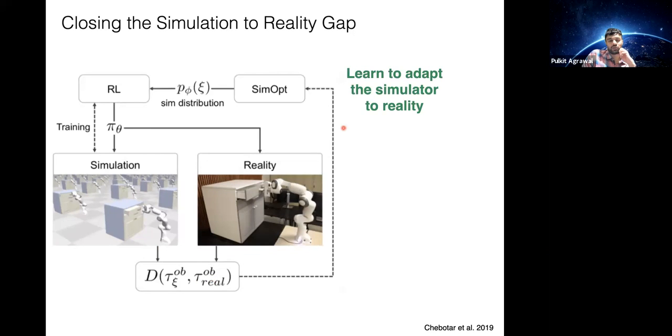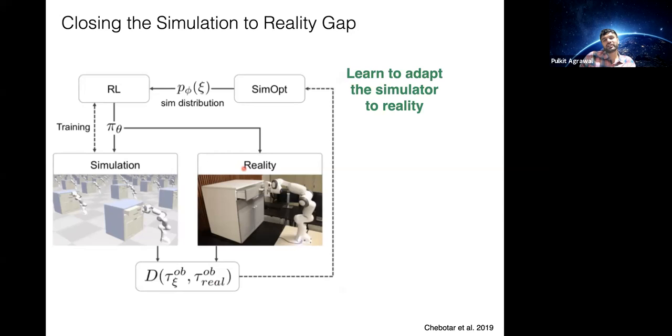Then we can take these trajectories and ask how to modify the simulator so that if I apply the same sequence of actions, the trajectory in simulation and the trajectory in the real world come as close to each other as possible.